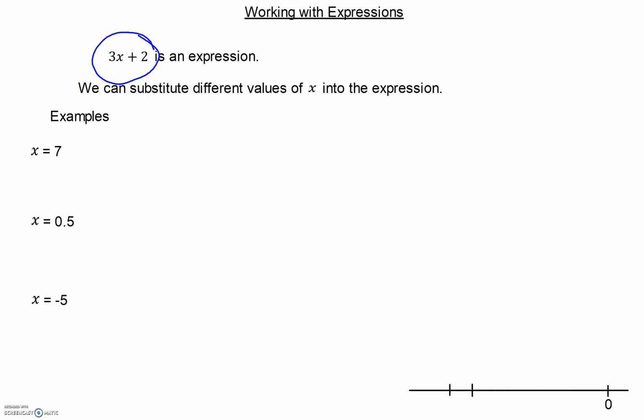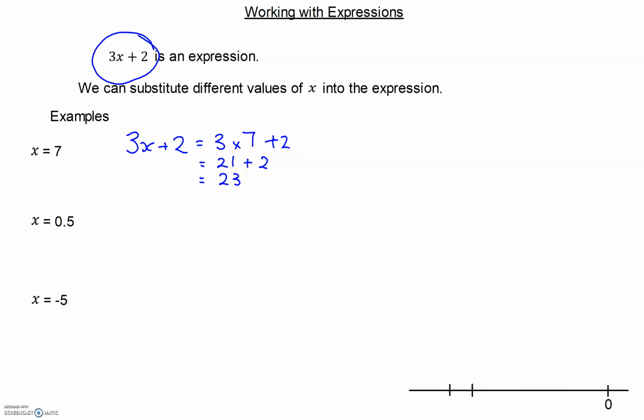So the first example, when x equals 7, we know that 3x plus 2 is going to become 3 times 7, because x is now 7, plus 2. And 3 7s are 21, plus 2 is 23.